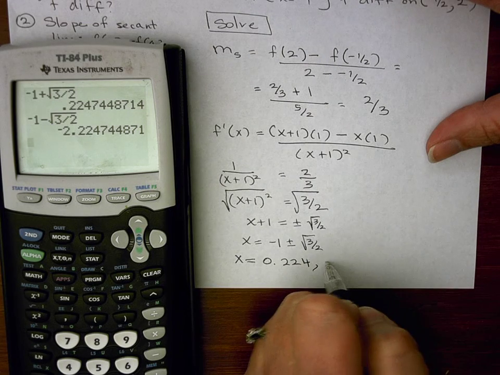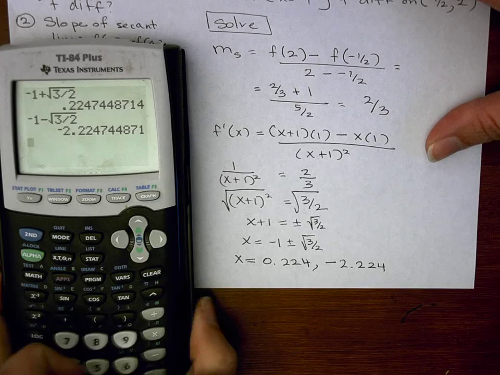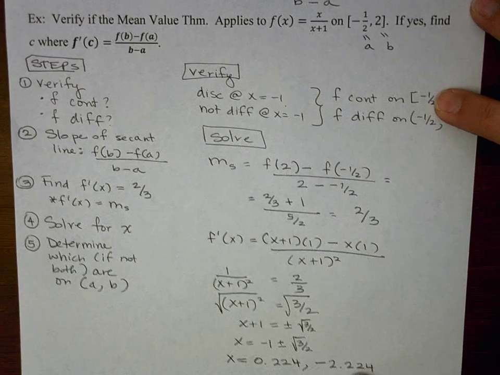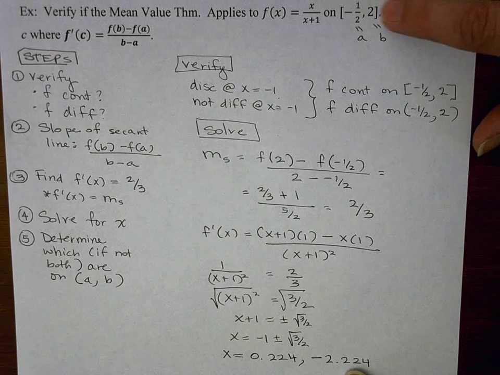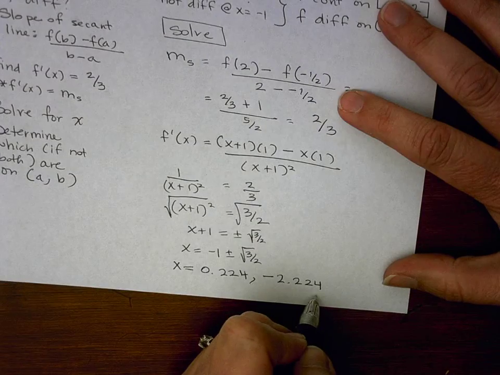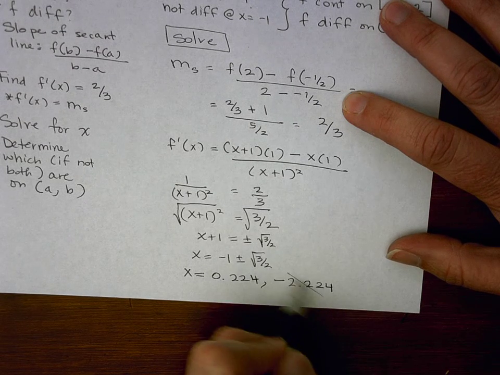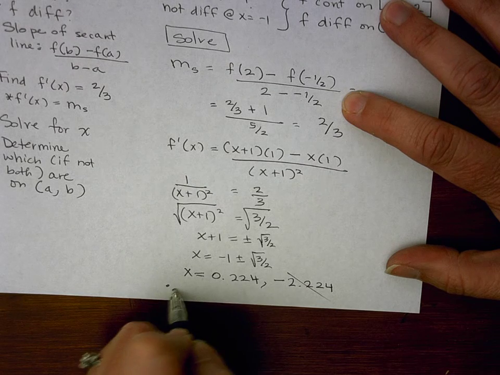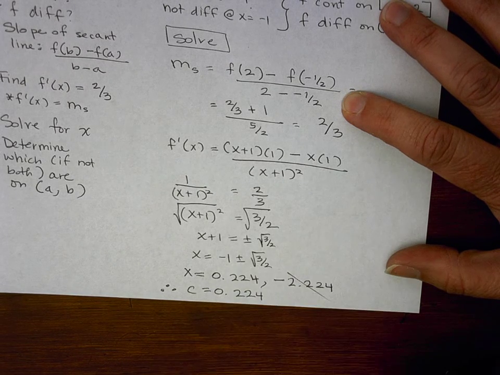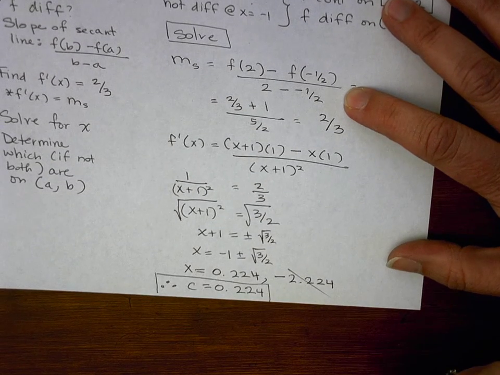And so -2.224. Okay, so if I look here, the -2.224 is too small, because it's less than -1/2. So this one is not a solution, right? Because it's not between -1/2 and 2. So this one is not part of my solution. So therefore c, which is the value I'm looking for, is 0.224. And that is my answer. Okay, and then there is mean value theorem.